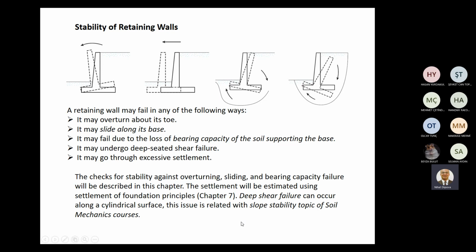And deep shear failure can occur along a cylindrical surface, so this is related to slope stability topics. So in this chapter, we will deal with overturning, sliding, and bearing capacity failures.